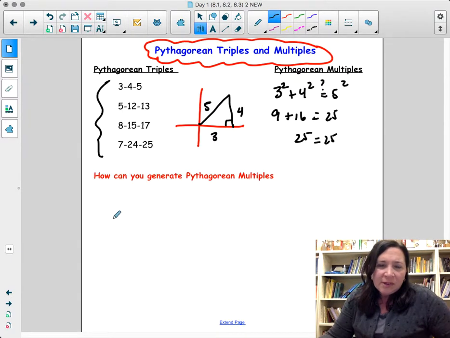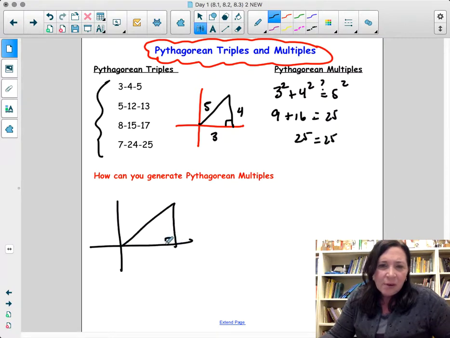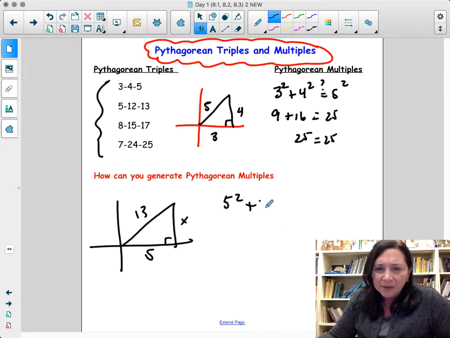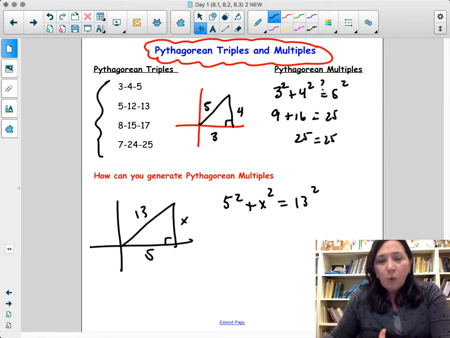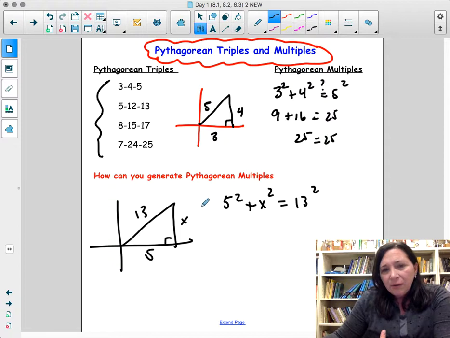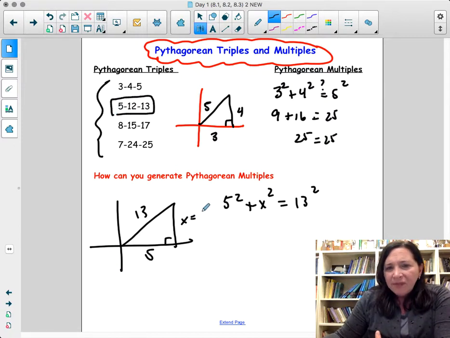Basically, you'll see a right triangle, and most of the time you'll say, okay, here's 5, here's 13, what's this side? Well, most people will go, okay, 5 squared plus x squared is equal to 13 squared, and they'll work through this whole thing, not realizing that it's a triplet, meaning my missing side is 12.